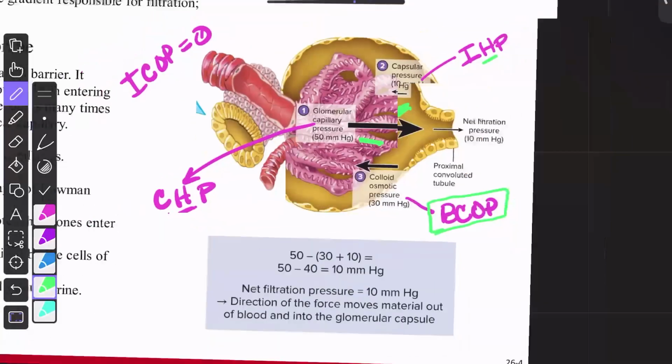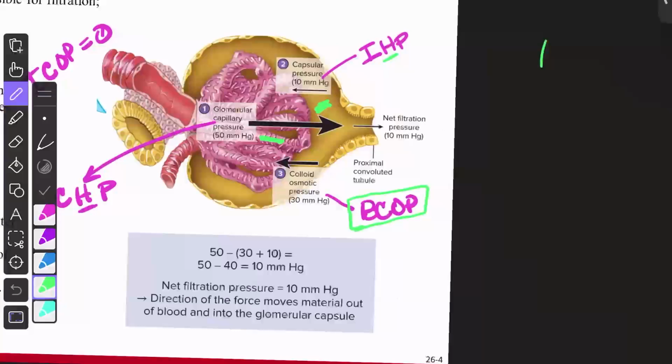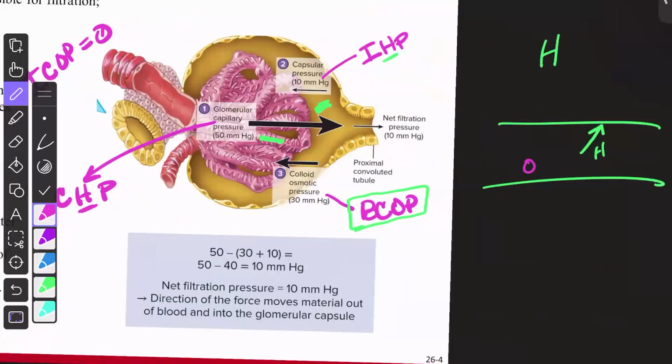So remember that if I've got a blood vessel, hydrostatic pressure is going to exert pressure this way, right? This is hydrostatic. Osmotic pressure is going to actually exert pressure in the opposite direction. It's going to pull rather than push. So those proteins on the inside are trying to pull fluid in.